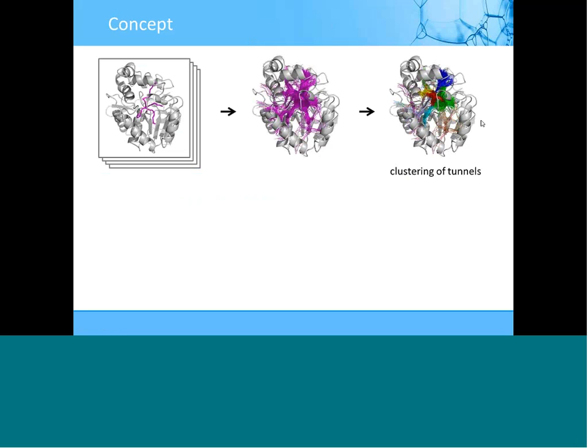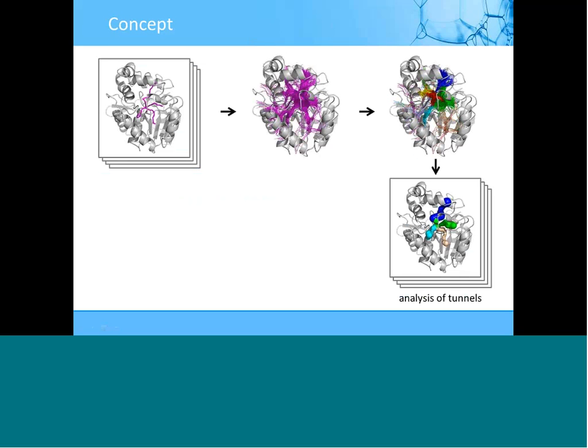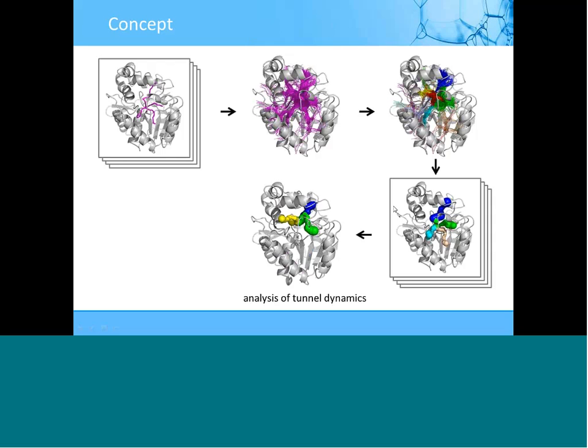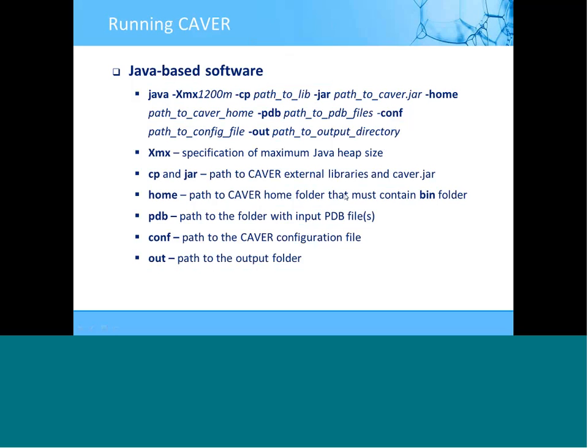This actually provides you the relationship or identity of corresponding tunnels across all the analyzed structures. And if you have MD simulation or something like that, then you can even talk about the dynamics of the tunnels itself. Or if you have just a simple set of static structures, you can still consider the variability in the tunnels.